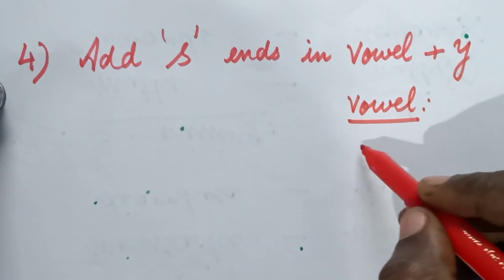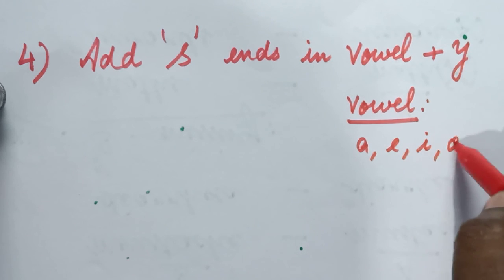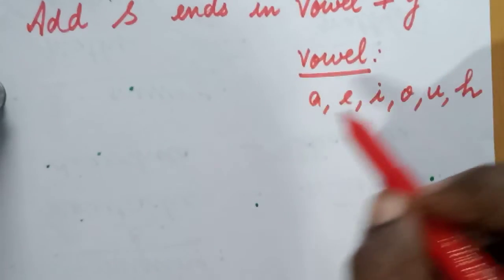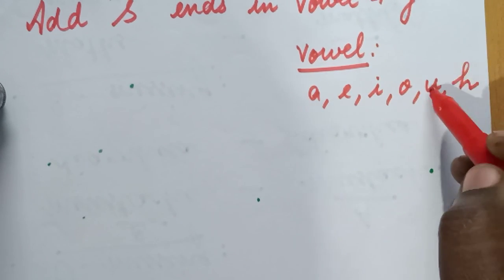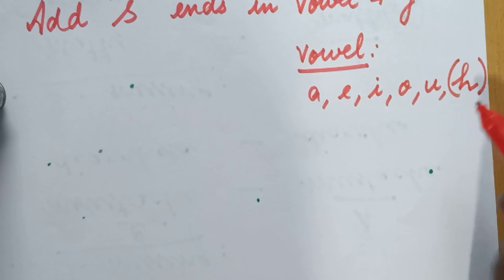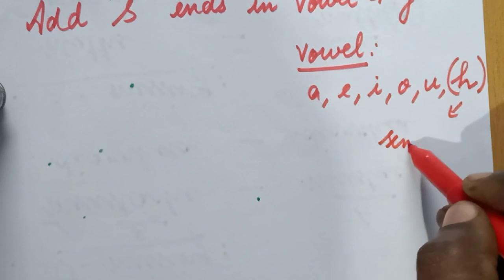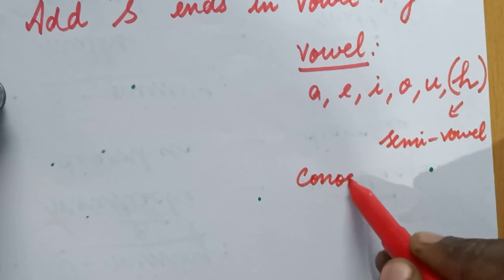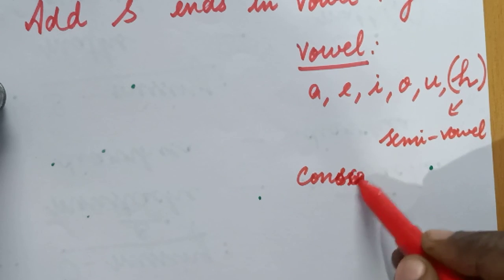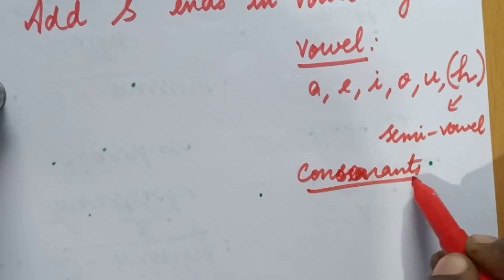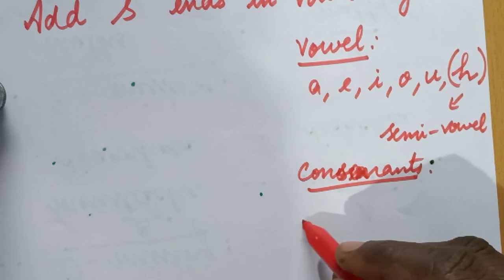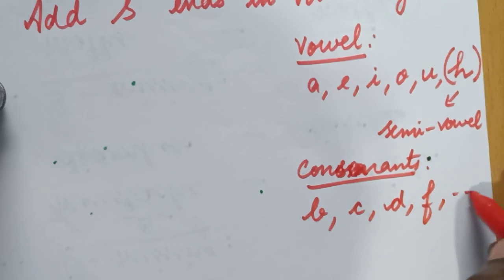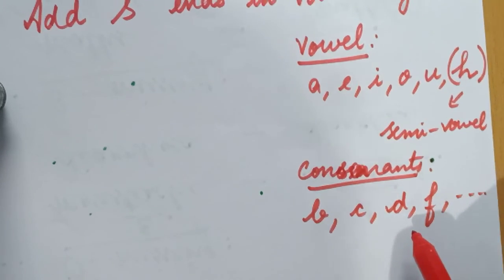A, E, I, O, U are vowels and H is a semi-vowel. Understood? And consonants. What are consonants? The letters which are not vowels. B, C, D, F, etc. Okay, all these are consonants.